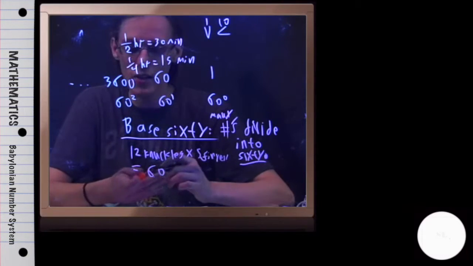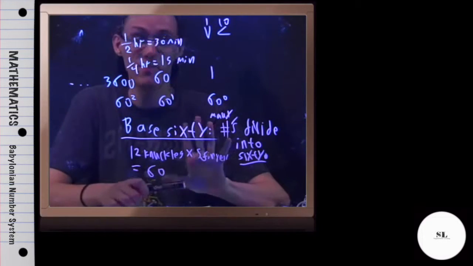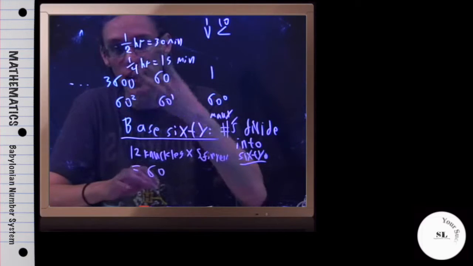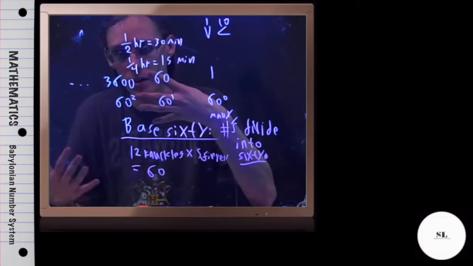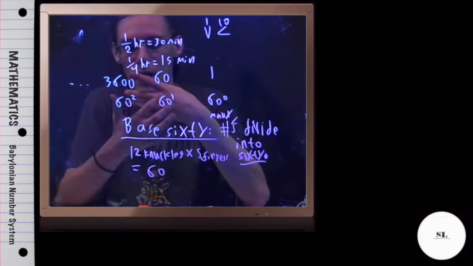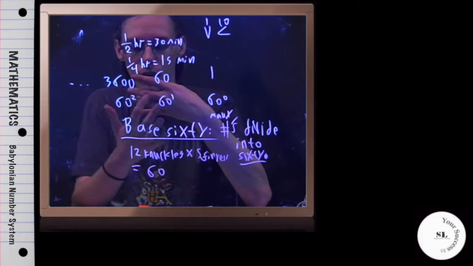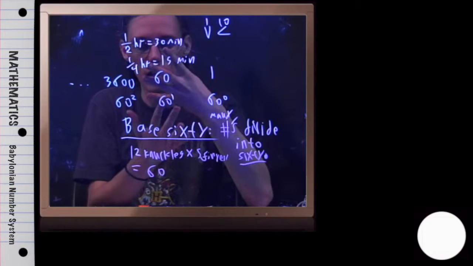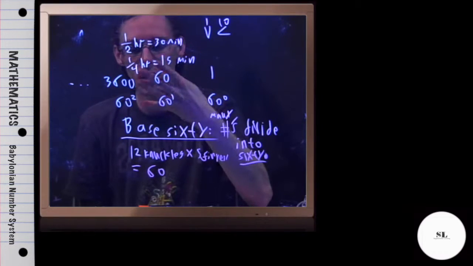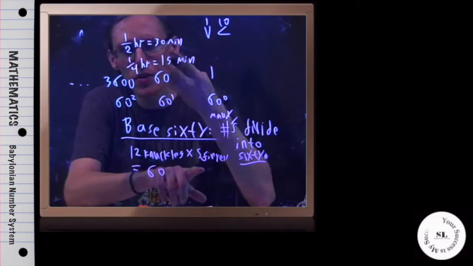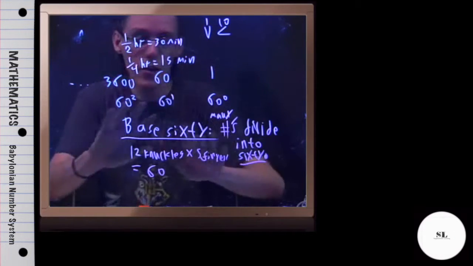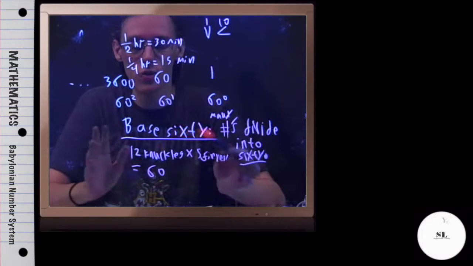Now, if you're looking at your hand and trying to count the knuckles, yeah, I'm not seeing how they got the 12. The best thing I came up with is if I ignore my thumb and I just count my knuckles on these fingers, I get 1, 2, 3, 4, 5, 6, 7, 8, 9, 10, 11, 12. 12 knuckles. And then now I've got to count my thumb, though, times 5. So I'm not sure how they got this, but it could be 12 knuckles by 5 fingers for 60.